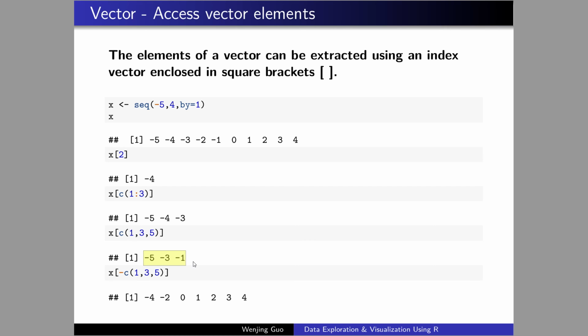Sometimes we would like to extract everything in vector x except the first, third, and fifth elements. We can use this R command. The only difference between this R command and the previous one is the minus here tells R we don't need the first, third, and fifth elements.